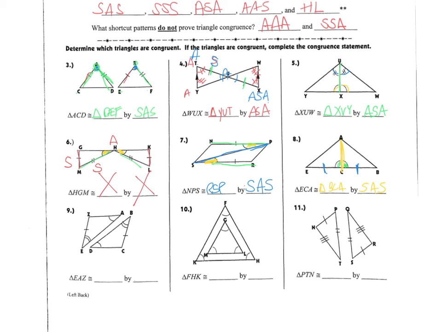All right, if we take a look at number 9, we have an angle to an angle, and then we have an angle to an angle, and then we have a side which is not included between the two angles, so this is angle, angle, side. So triangle EAZ is congruent to triangle BDC.